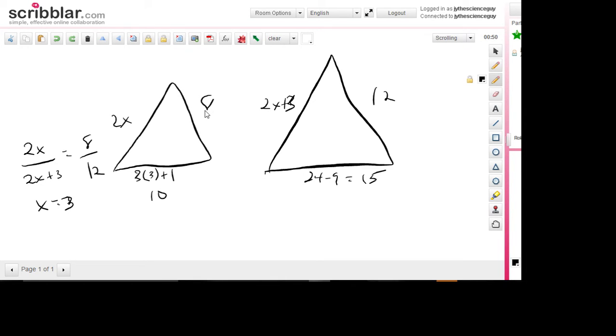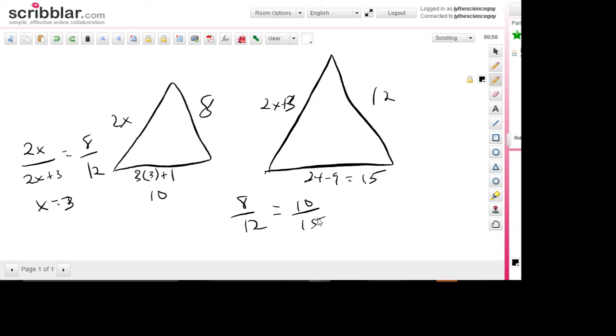So now this is how I'm going to check. I'm going to start off with my scale factor. So my scale factor is just these two numbers. It's that first ratio, right? So I'm going to write 8 over 12. That scale factor has to be true for all of the lines. So I'm going to take this and I'm going to put these two numbers in a fraction together. So I get 10, because that's from the small triangle, right?